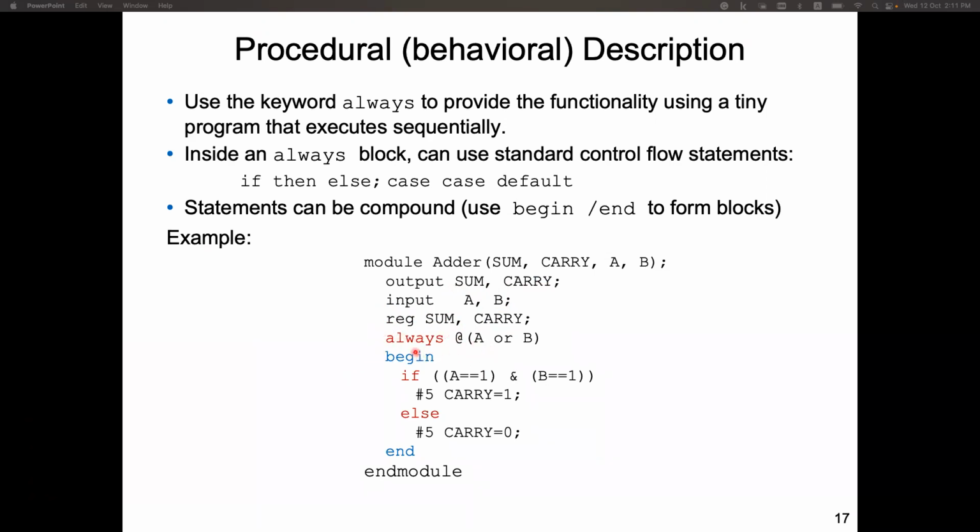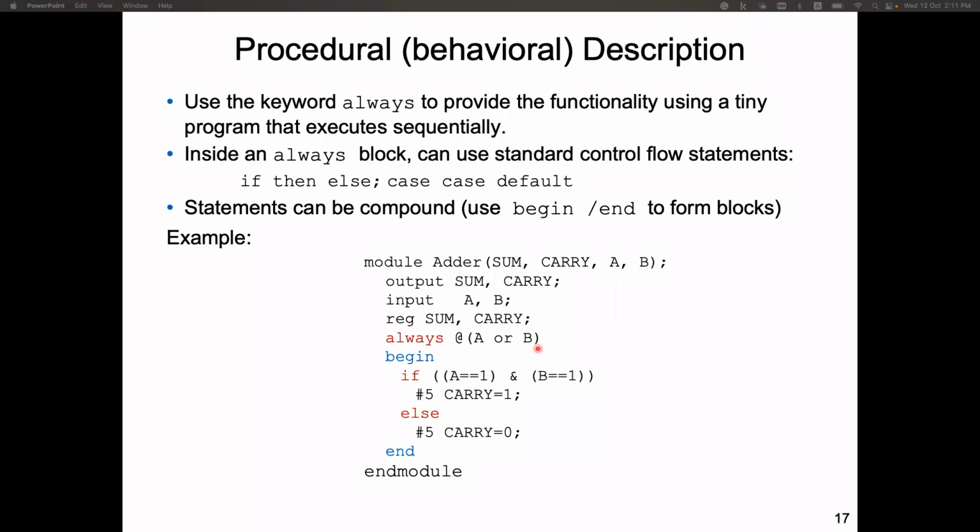Procedural description. The keyword is always. Always at this event, we execute this block of code. So once you have this event, @ something. So A or B here means once you have a change in A or a change in B. An event is a change of a signal here.